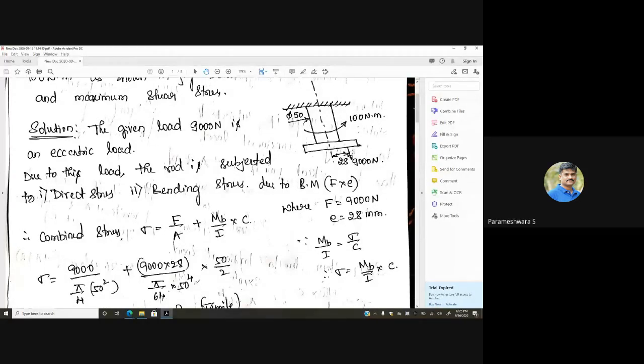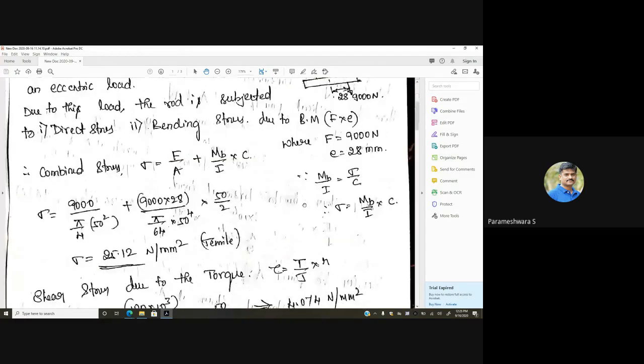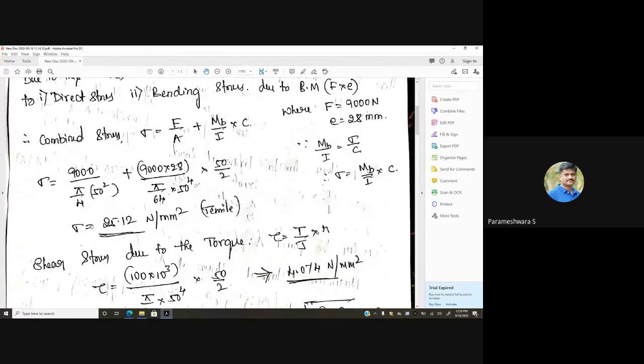In this case, it is acting at a distance of 28 mm from the axis. So this 9,000 Newton creates direct stress, plus it also creates bending stress. So we call it combined stress. So combined stress is 25.12 megapascal.